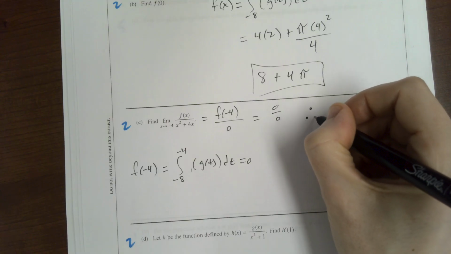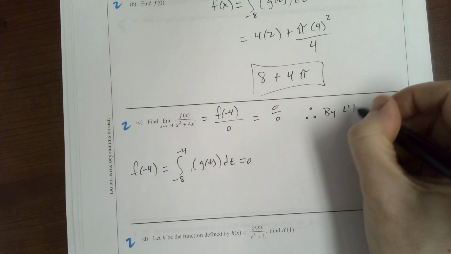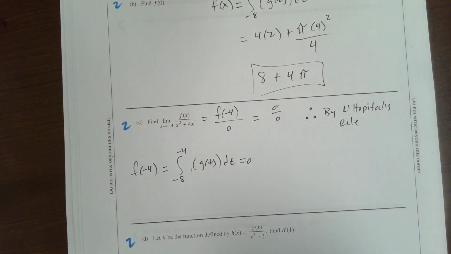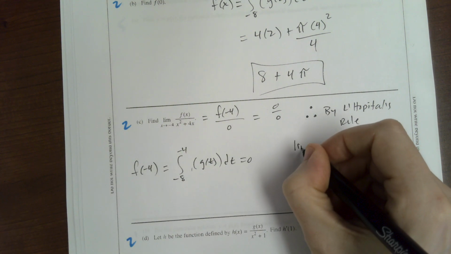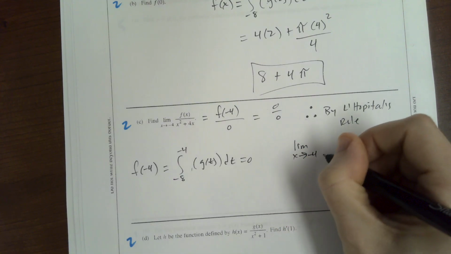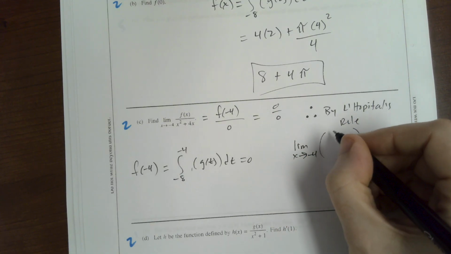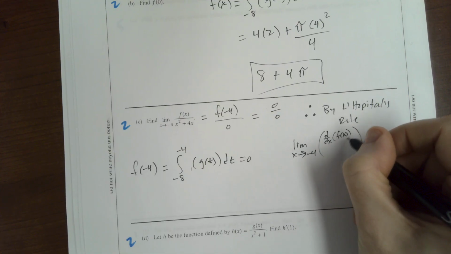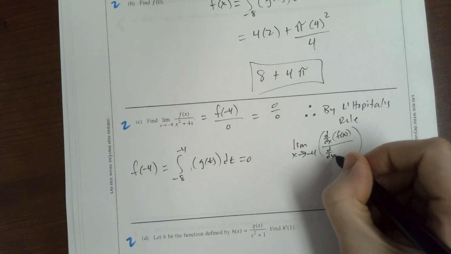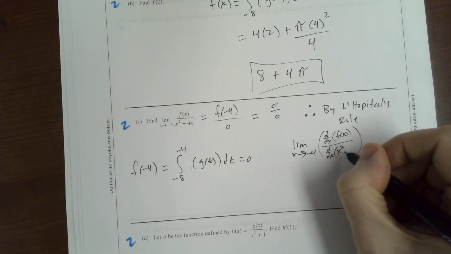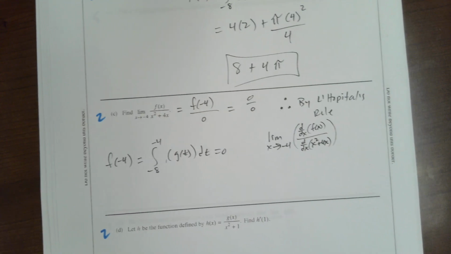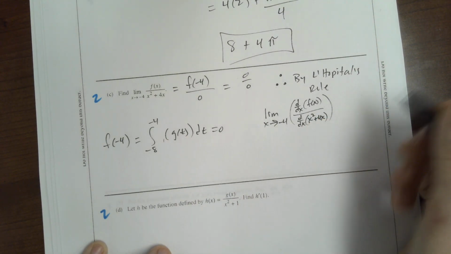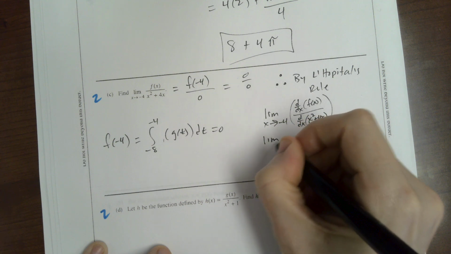So you have to say, therefore, by L'Hopital's rule, I'm going to take the limit as x approaches negative 4 of the derivative of the top over the derivative of the bottom.